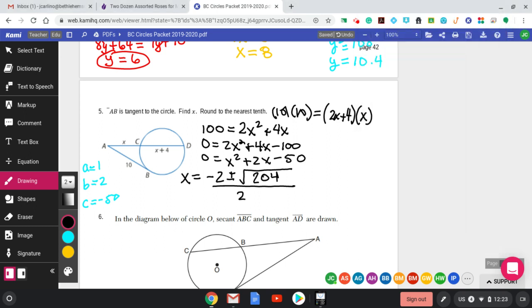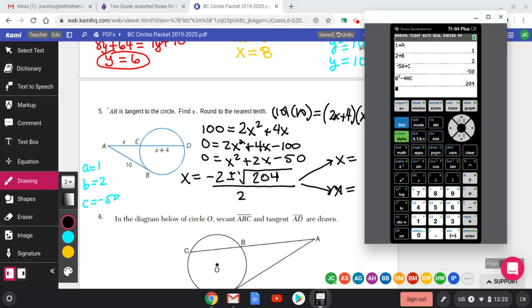Okay, so now from here, because it says round to the nearest tenth, the plus or minus tells me I'm going to get 2 different answers. So I go back to my calculator and get my fraction template out. The first answer is negative 2 plus the square root of 204 all over 2.